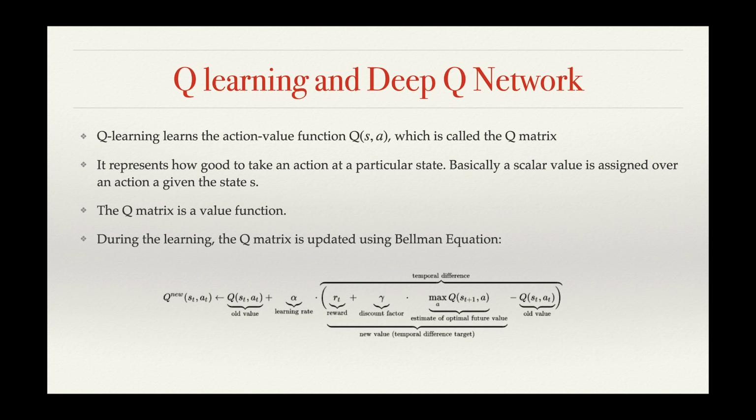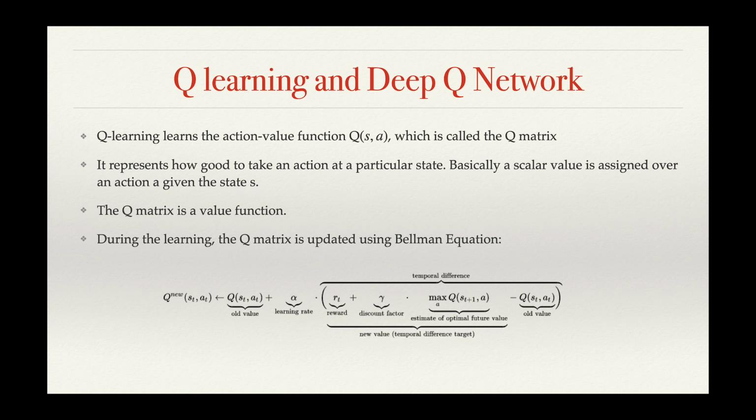So it's like a value function, this Q matrix. It represents how good it is to take an action at a particular state, basically a scalar value that is assigned to an action at a given state. So the row selects which state we are at, then the columns tell me which is the best action to take, and the best action basically has the highest value. This is what would be selected.